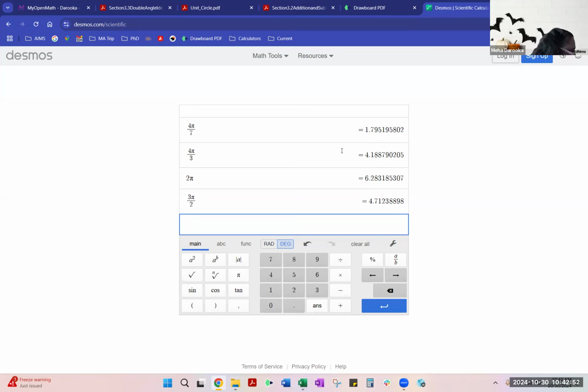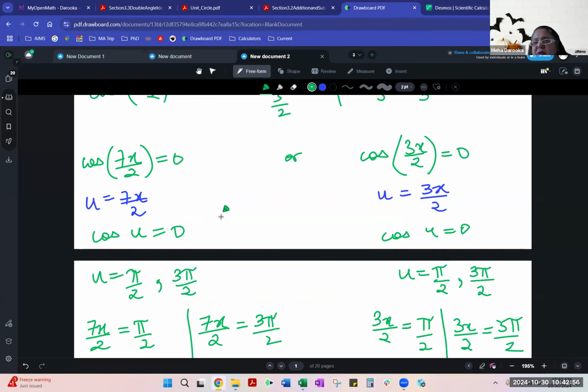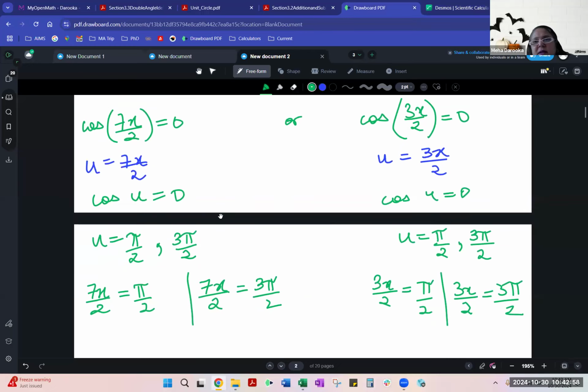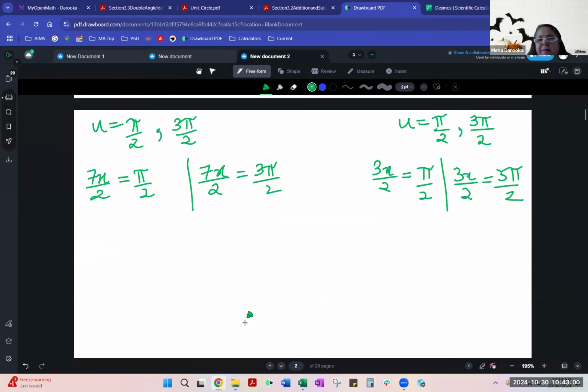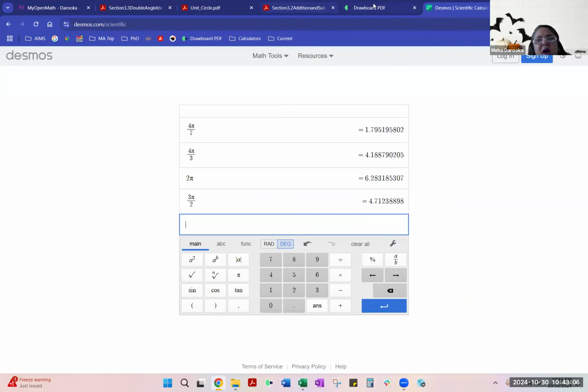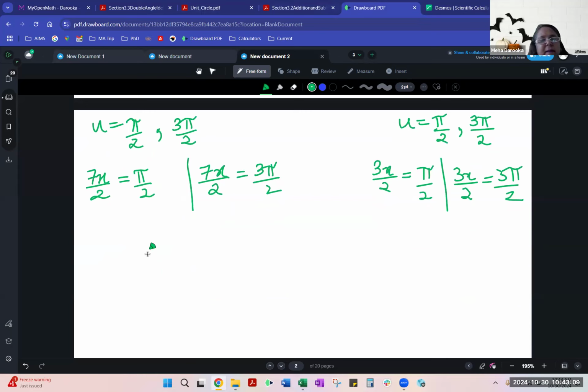For the 7x over 2 and cosine of 3x over 2 function, all right, so can you tell me, once we discard those extra answers, what kind of x values are we looking at?